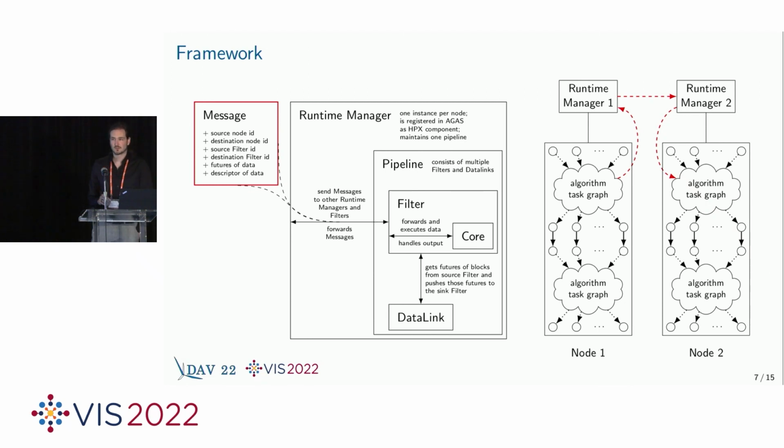Messages are objects that have some information about the source and the destination, but more importantly, they carry information about the connection points of those task graphs, and we can thus create connections between the task graphs of 2 nodes.